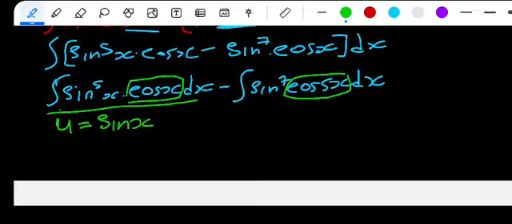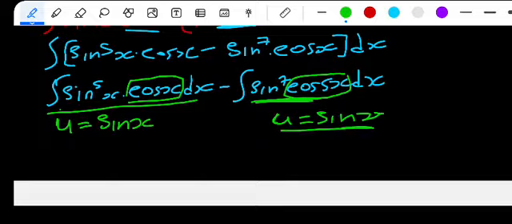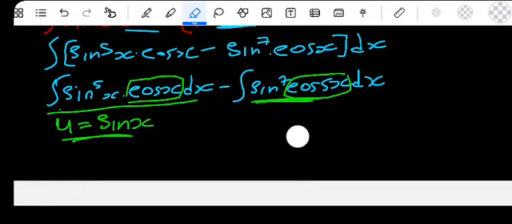Even if on this side we're supposed to let u equal sin x, these things are the same, so anyway we can solve one. Let us not bother ourselves, let's just solve one of the two.